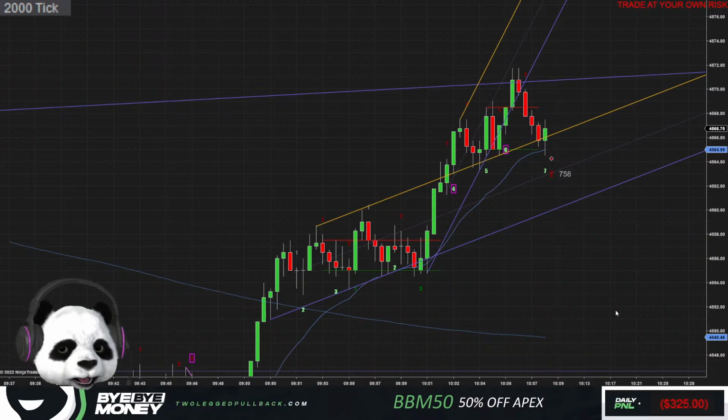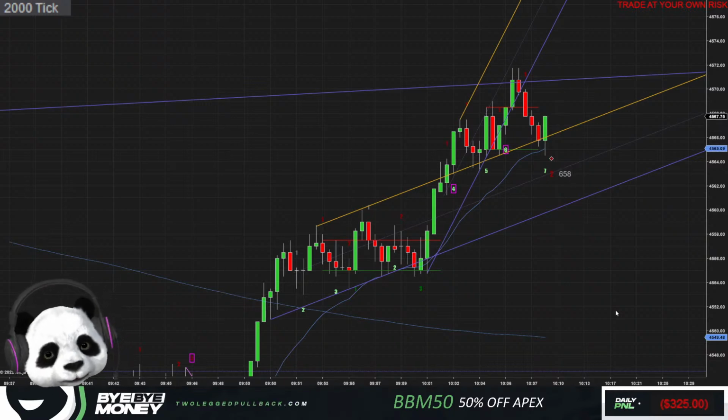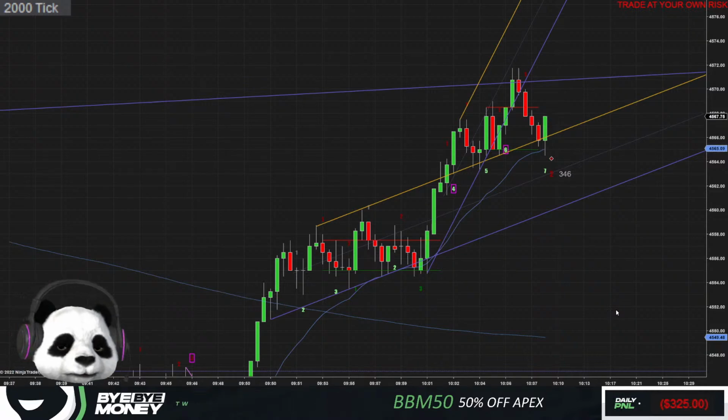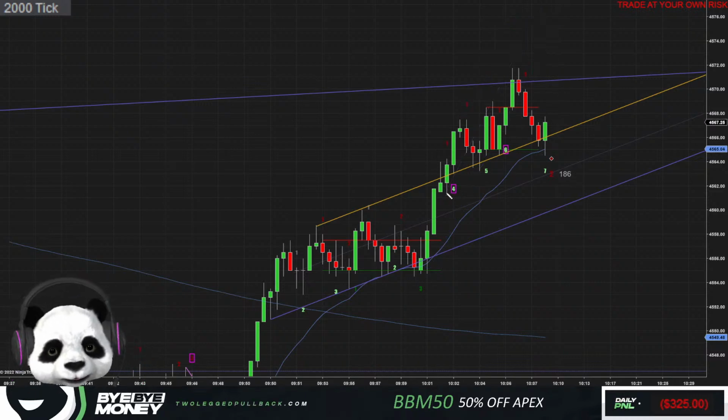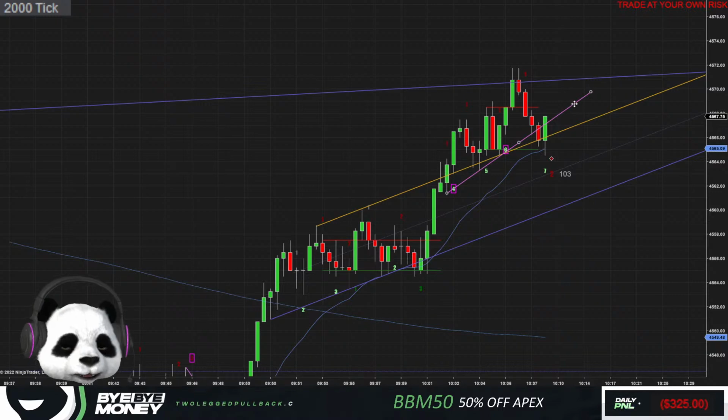Decent push down, but means nothing to me. Still above the 20 MA. Could mark this spike in channel. Spike channel here.